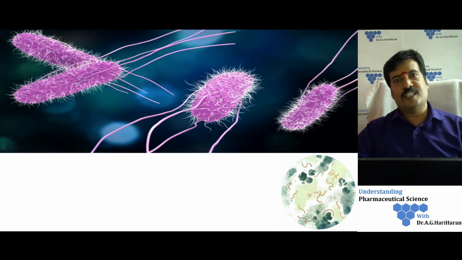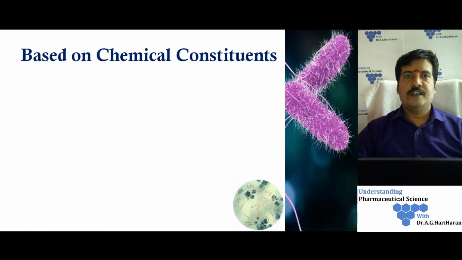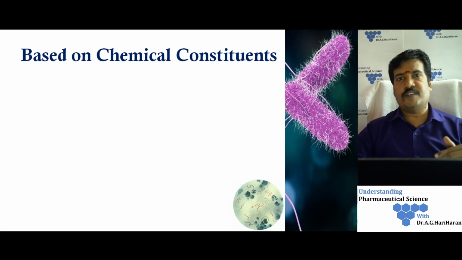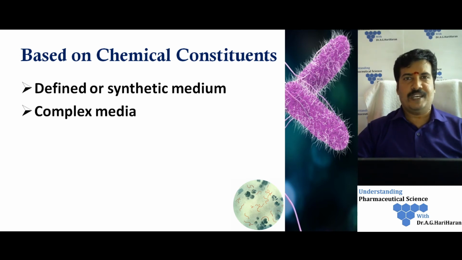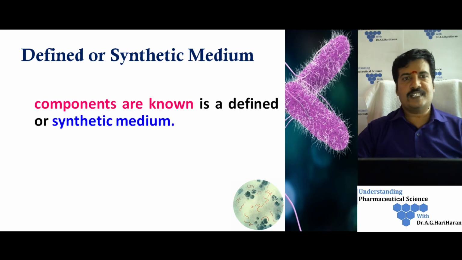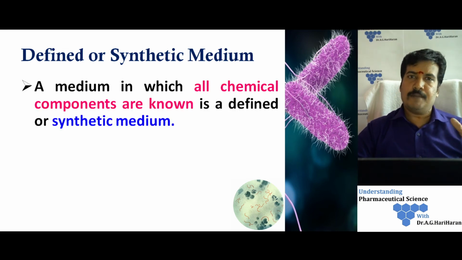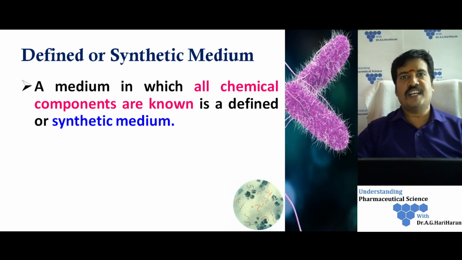Right. So the second classification of microbial media is based on its chemical composition. Based on chemical composition, we can classify into two types. One is the defined media or synthetic medium. Second is the complex media. The name defined media itself tells that all the chemical components we are adding in this media will be defined in nature.